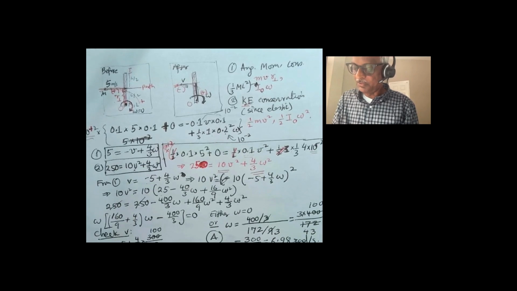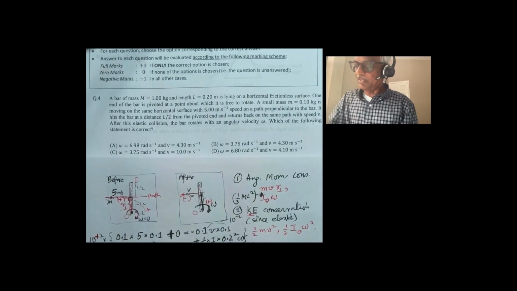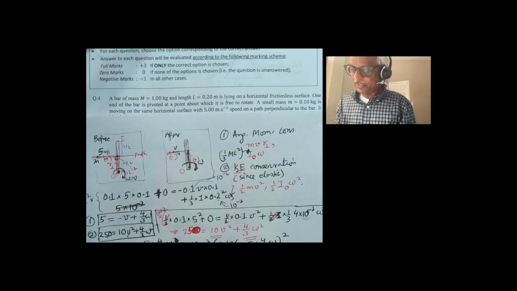So this is minus 5 plus 9.1, which is 4.1. So it looks like you have 4.1, but you have to do it a little more accurately.